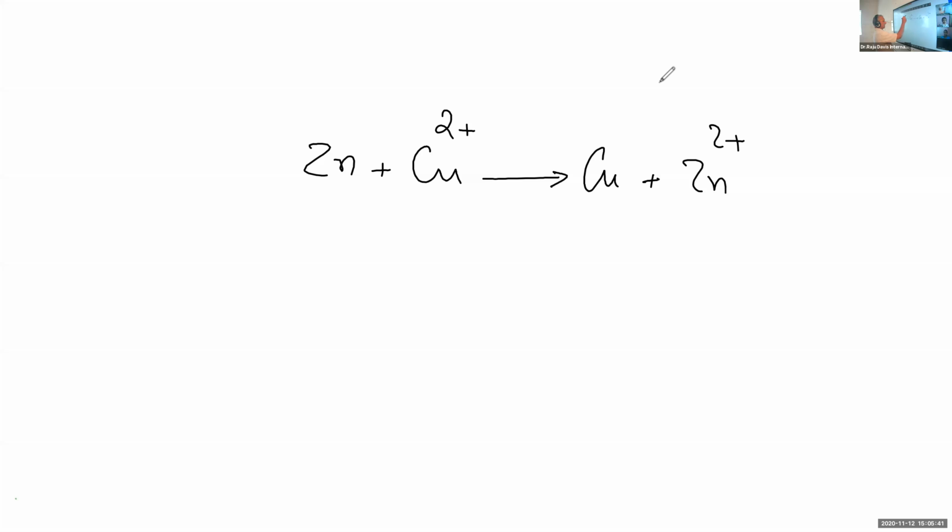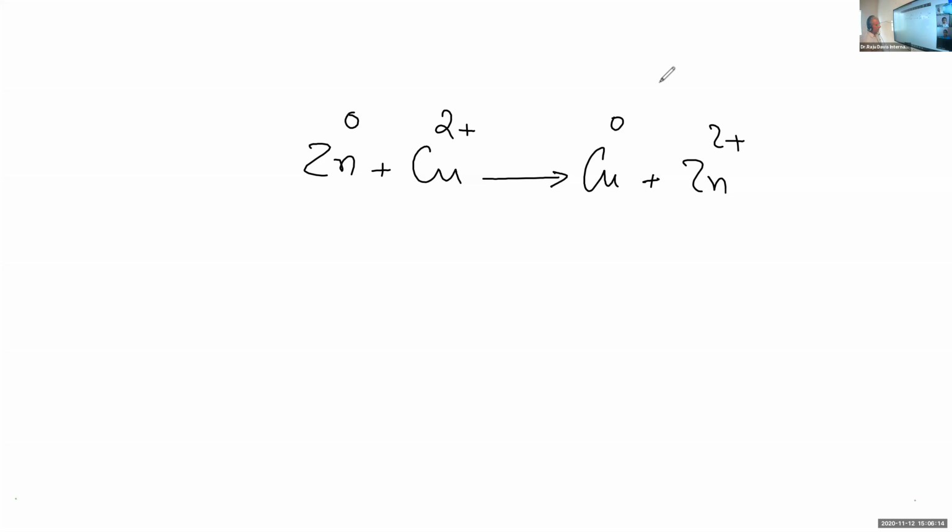The oxidation number of Zn is equal to 0, in the elemental state. Remember the rules: in the elemental state, oxidation number is equal to 0. Now you come to the right hand side, Cu, copper. That is also in the elemental state, metallic state, so the oxidation number is equal to 0.